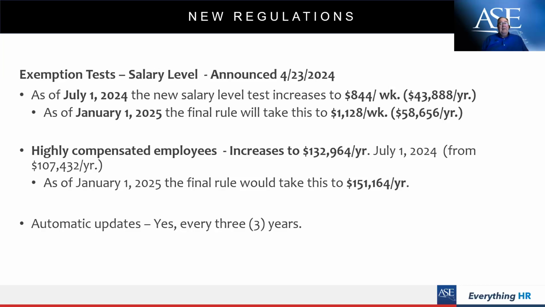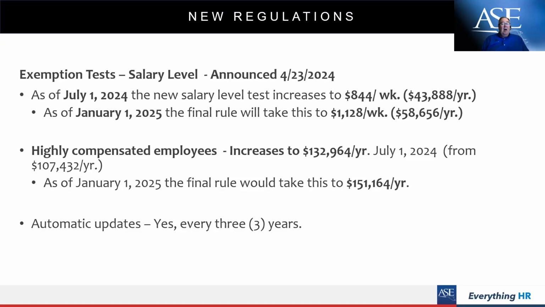But if the job meets one of the job duties components for an exempt classification and makes $132,964 a year, they too can be deemed exempt. And then again, this particular component will increase. It goes up to $151,164 on January 1st.